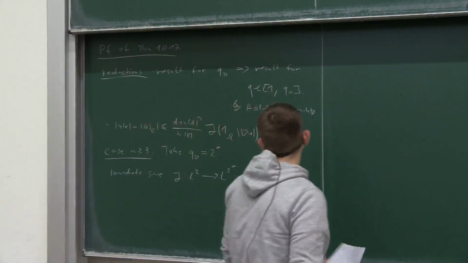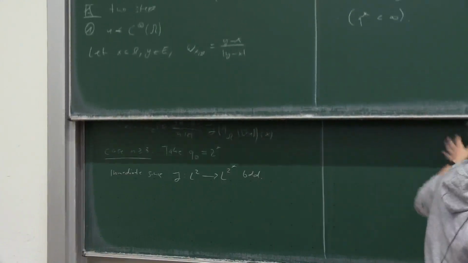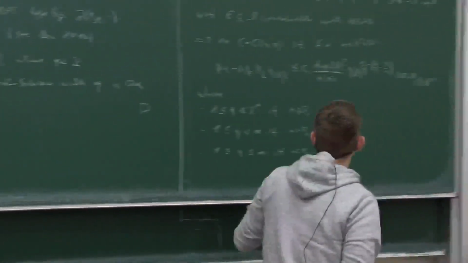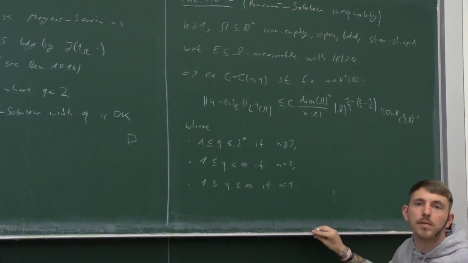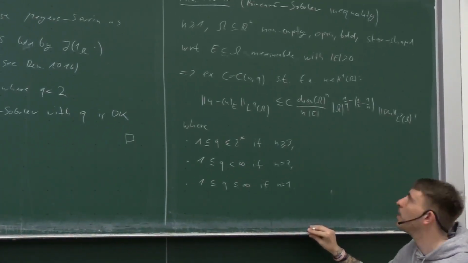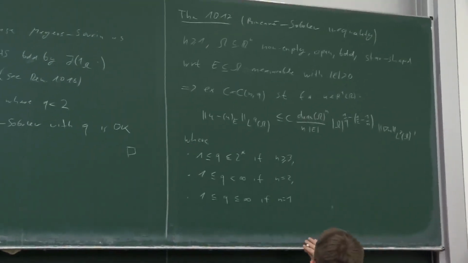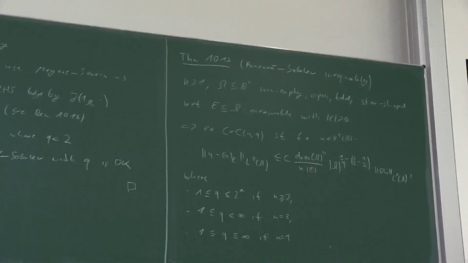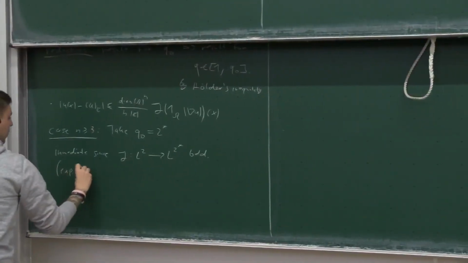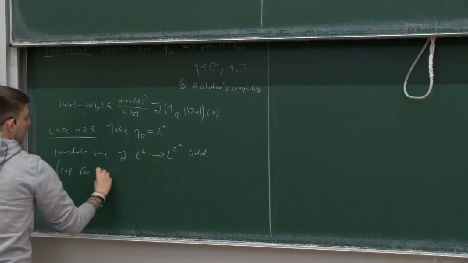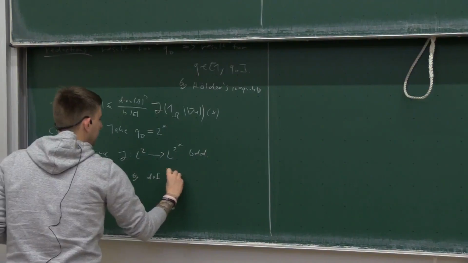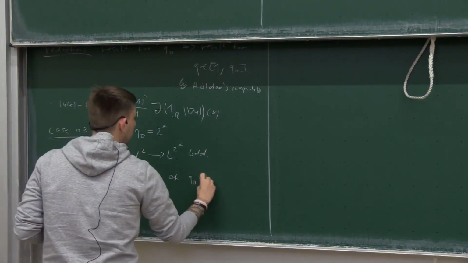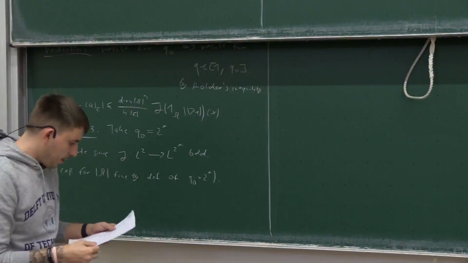And what we maybe should see is that this constant is then also fine, but it's by definition of the upper Sobolev conjugate, okay? This is the first case.